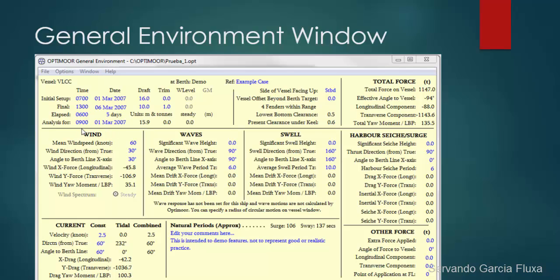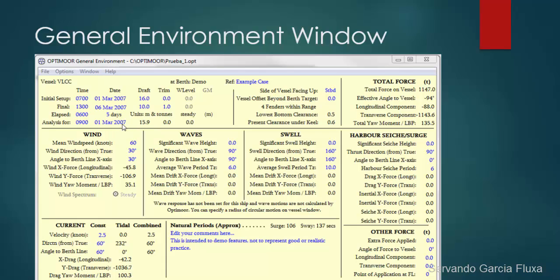Then you define when you want your results. For example, here I'm analyzing from 7 a.m. the 1st of March 2007 till 1 p.m. the 6th of March 2007, but I want the results at 9 a.m. the 1st of March 2007.